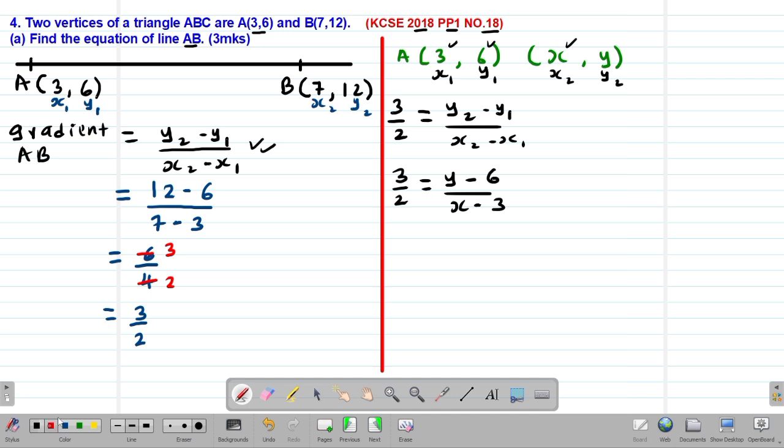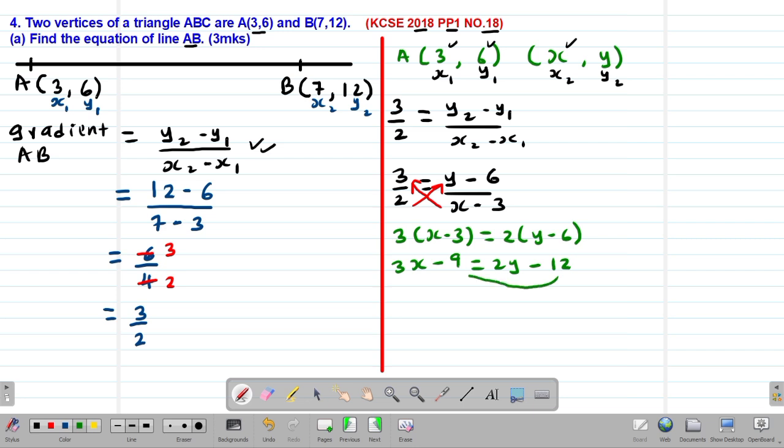Now when I do a cross multiplication, we end up with 3 into brackets x minus 3 being equal to 2 into brackets y minus 6. If I open brackets, I have 3x minus 9 equals 2y minus 12.